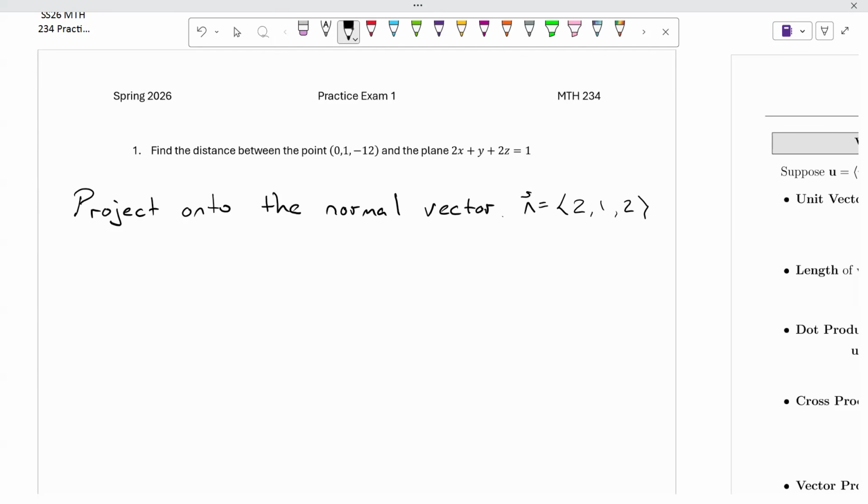I think it's the best way to find the distance between a point and a plane. I can find any distance between my point and the plane just by picking some spot on the plane. But if I want the shortest, most direct distance, I want to go straight at the plane, which means going along some vector that's parallel to the normal vector. So that's why we want to project onto it.